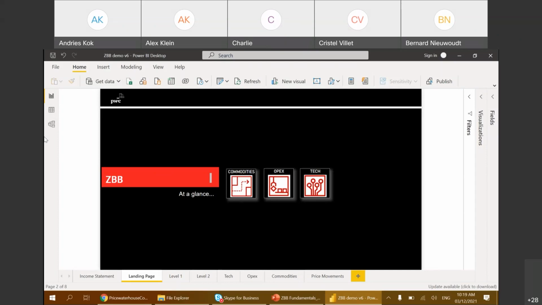All of those are built with the capabilities to enable ZBB and your driver-based approaches. They enable scenario modeling, and they're slightly more difficult to implement upfront, but they're a lot more flexible and agile in supporting ZBB, scenario-based analysis and driver-based budgeting, rolling it out to organizations holistically, than Excel is.